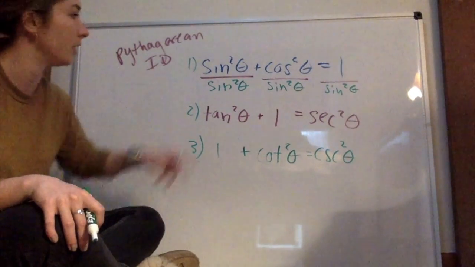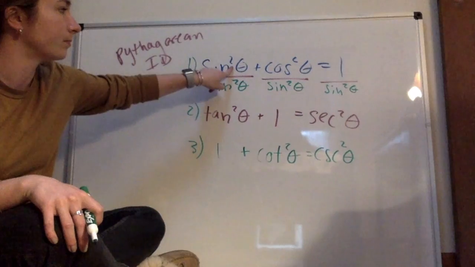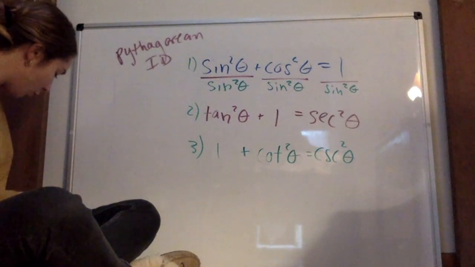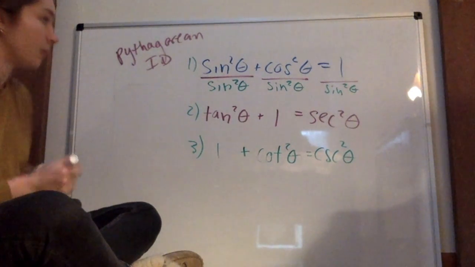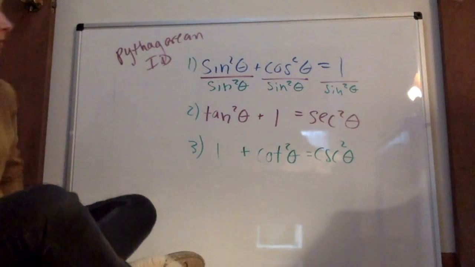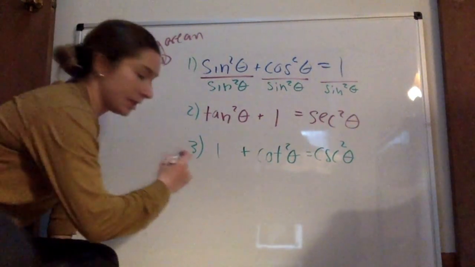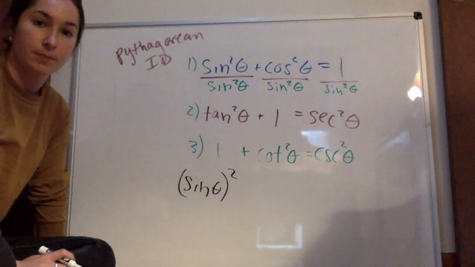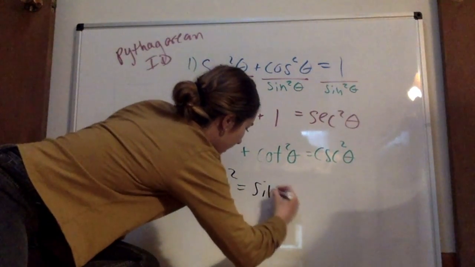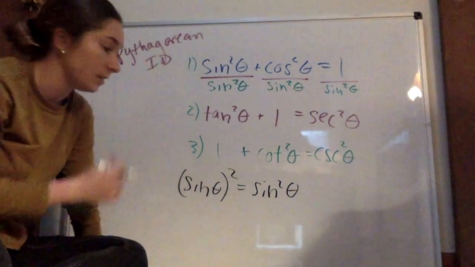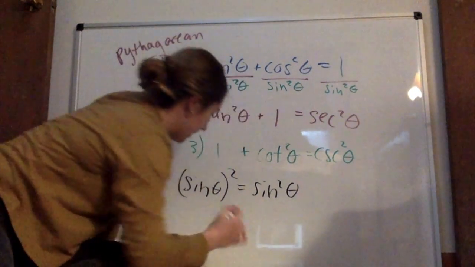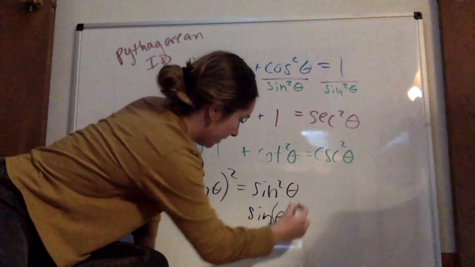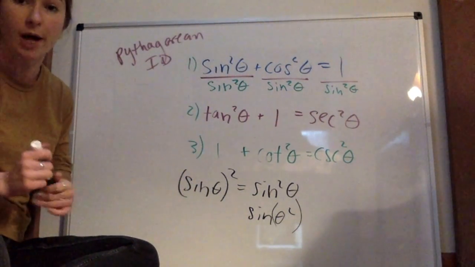And you may notice that I've been writing the squared right after the sine and before the theta. That's just common notation. So we don't write the squared after, but what this means is if you want to do sine of theta all squared, the way we write that is sine squared theta, and that distinguishes from sine of theta squared, because if you wrote that, people think you mean the angle squared, not the actual whole value.